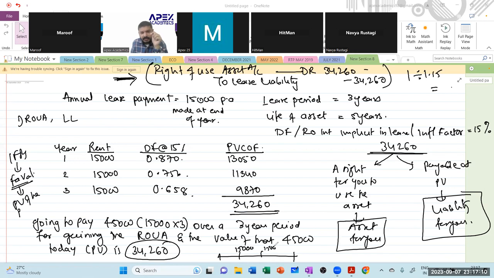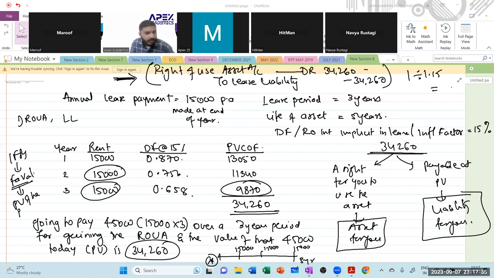I agree. But what is the value of $15,000 paid after 3 years? This is the 3rd year's rent. When are you going to pay this? In year 3. What is the value of it today? The value of it today is 9870. 9870 today will become 15,000 after 3 years because of inflation, because of interest. So I am recording it at its present value today.